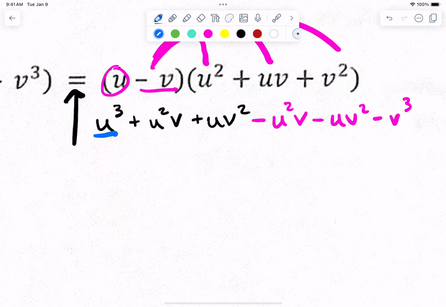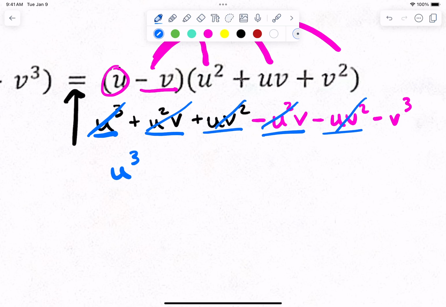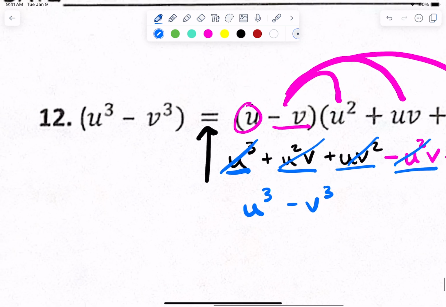All right. So u to the third doesn't go with anybody, so we're just going to write him down. How about u squared v? Minus u squared v. Those two will cancel. One's positive, one's negative. Gone. What about uv squared? Minus uv squared. Gone. What about minus v cubed? Minus v cubed. Is that the same?